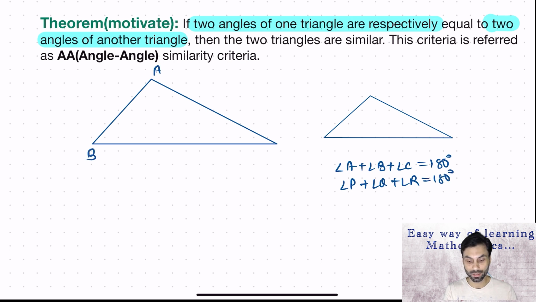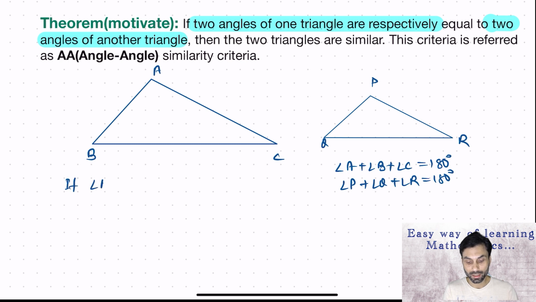Let's name the triangles ABC and PQR, with respect to which we are talking here. Now if any two of the angles of both the triangles are equal, then by the angle sum property the third angle will also be equal, and so again we go back to the AAA criterion and we can say the triangles are similar.